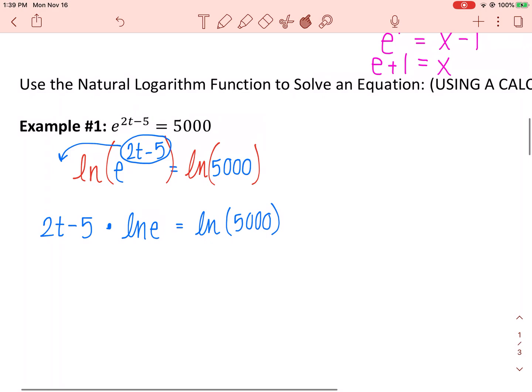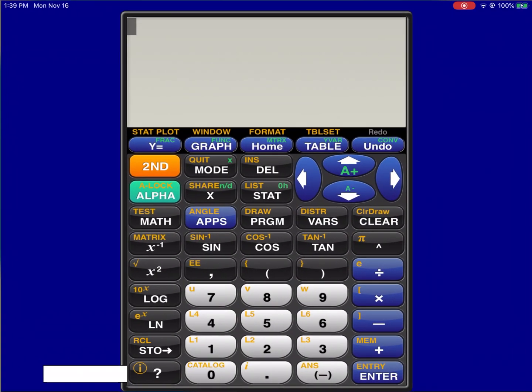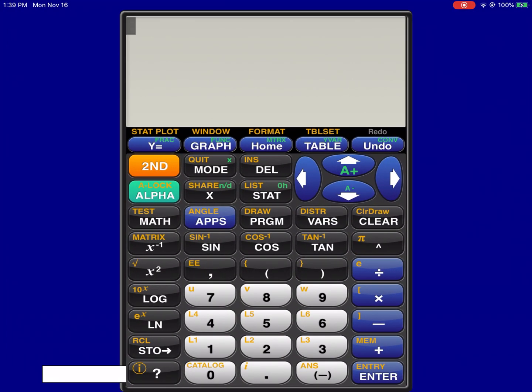Let's in our calculators right now show that these cancel each other out. If they undo each other, you should be left with a 1, right? Times 1. So let's head to our calculator. ln, that button is on the left side, right above the stow button, right here. That's ln.